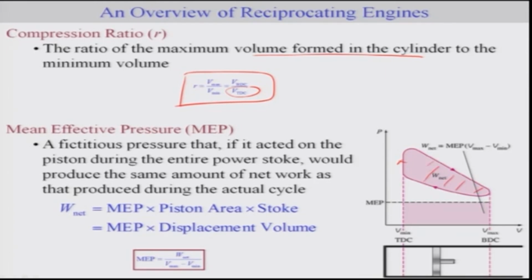Now this W net can be written as some fictitious pressure multiplied by the difference in the volume. So essentially this itself would be your effective W net. That is what we are referring to as effective pressure in the system. If you look into the formulation, it is MEP multiplied by displacement volume, and hence MEP is nothing but W net divided by the difference in the volume, Vmax minus Vmin.